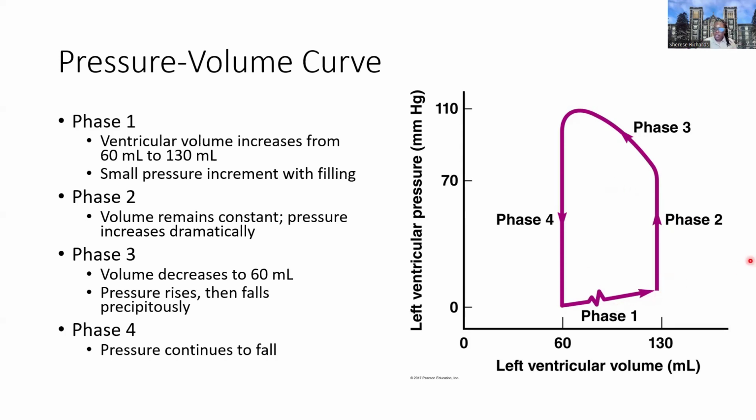So that's going to give us a larger curve. We can also see the curve move more to the right, which also tells us there's higher volumes, or the curve move more to the left, which tells us about inadequate volumes as well. That can be seen with heart failure and other types of heart diseases.